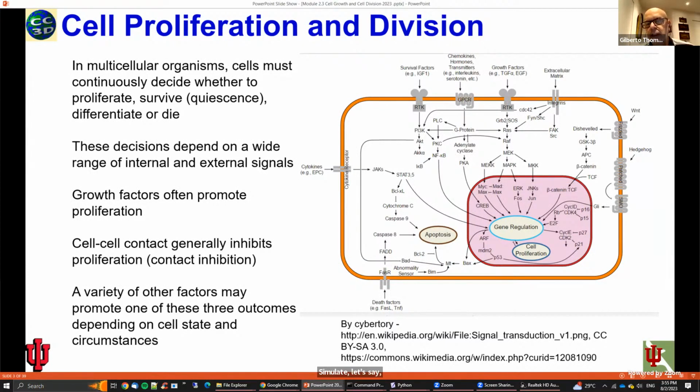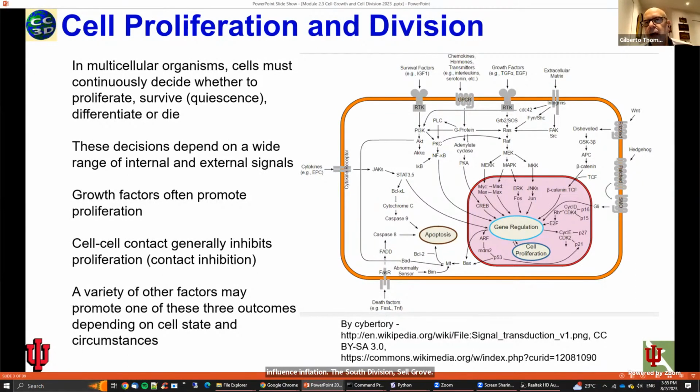For each one of these stages of the cell life, some decisions have to be made about what kind of factors can determine or influence the cell division, cell growth.